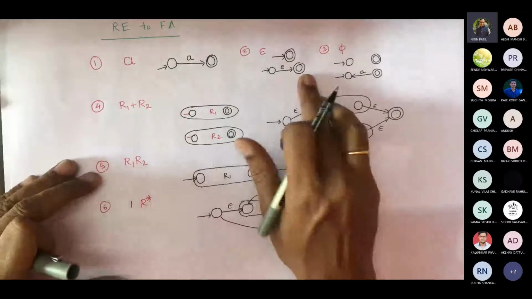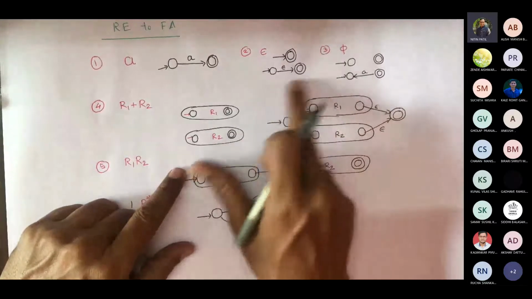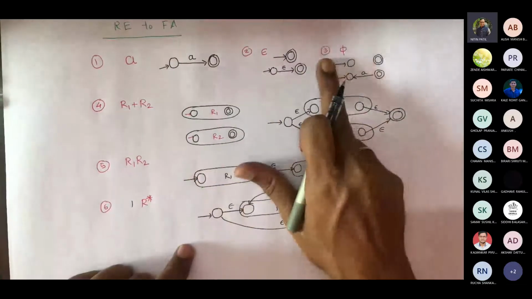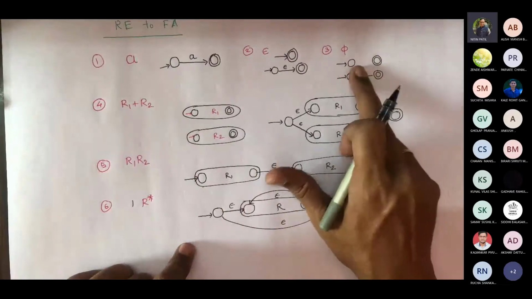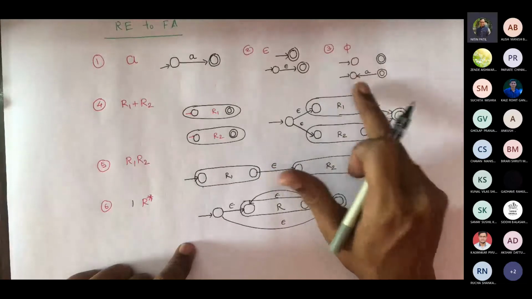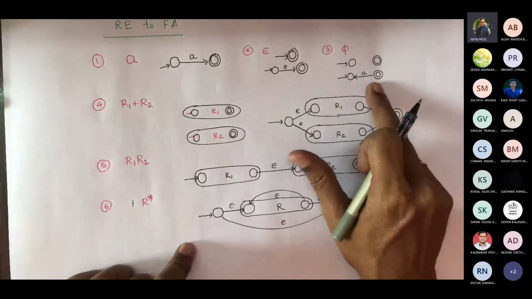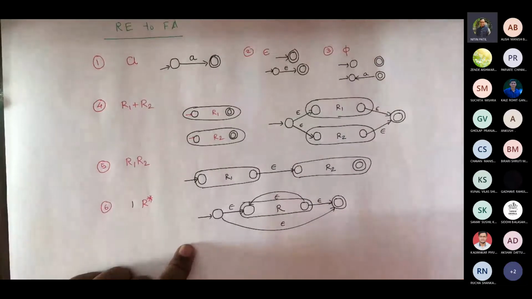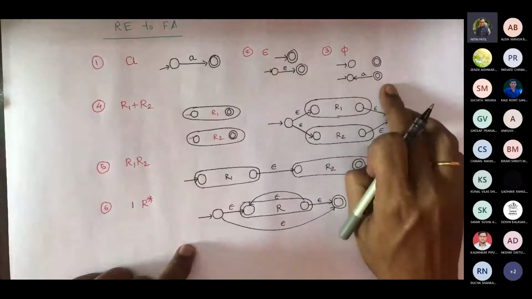So add initial to final a transition with epsilon, though no other transition added here. For phi, there is initial, there is final, but there is no transition between them. Other way around, don't have any incoming transition to final, no matter how many states you have. Correct? So like this, initial to final, there is no transition.